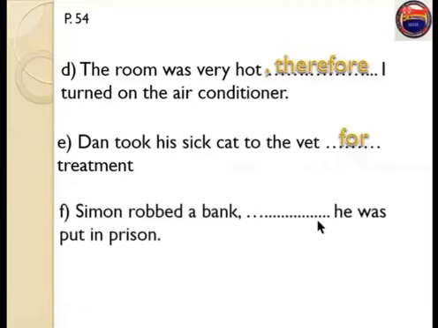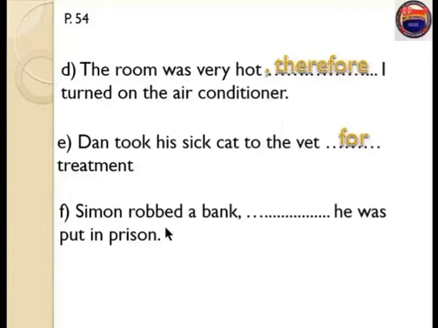And let's move to sentence F. Simon robbed a bank, comma, he was put in prison. Who can answer this? Please raise your hand. Yahya, are you here? Okay, can you answer this?